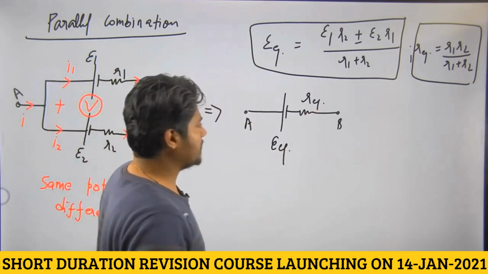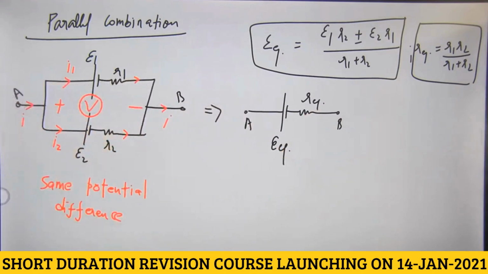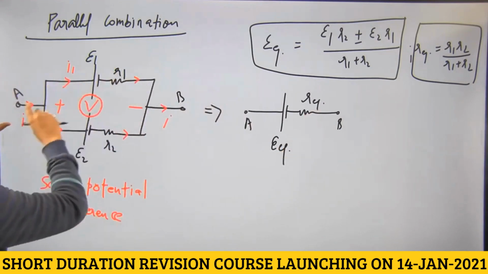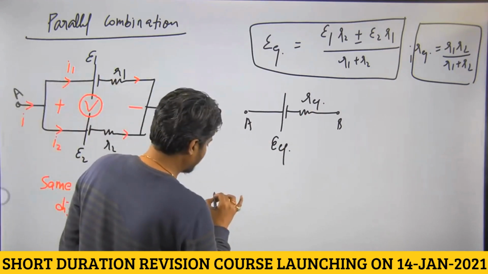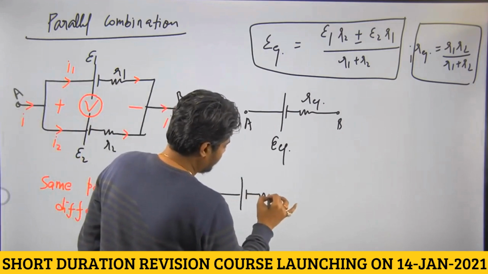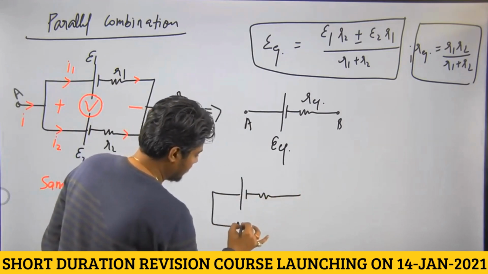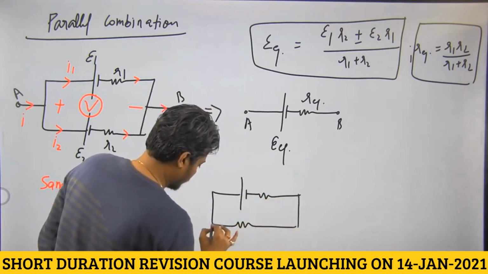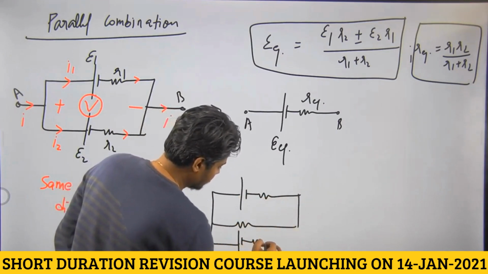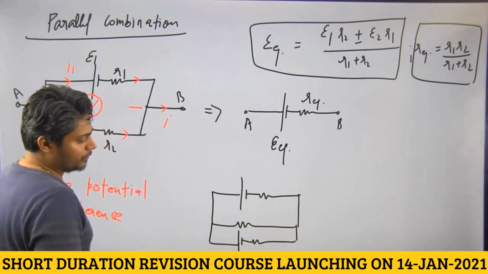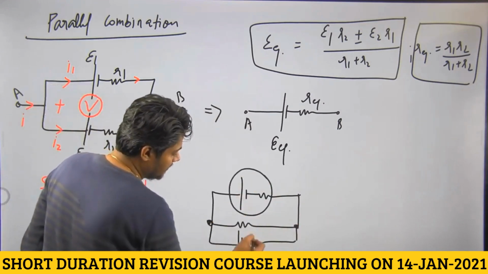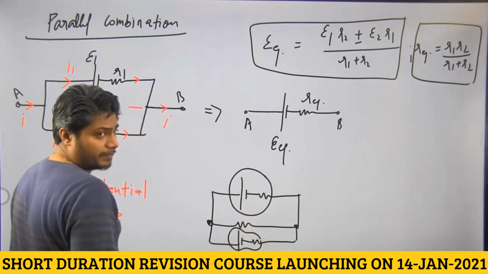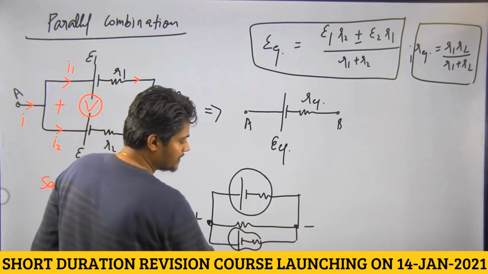So how do we decide plus and minus, and what is the meaning of equivalent? Equivalent, as I told you, means you can combine these two cells and draw them as a single cell. For example, sometimes these kinds of questions will come, with this polarity, one resistance in between, and also one cell like this. You can clearly see that this battery and this battery are in parallel to each other because both will have the same potential difference.